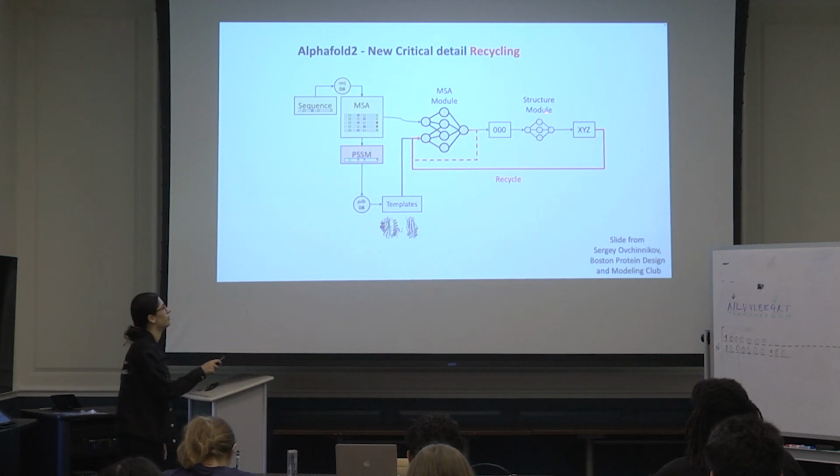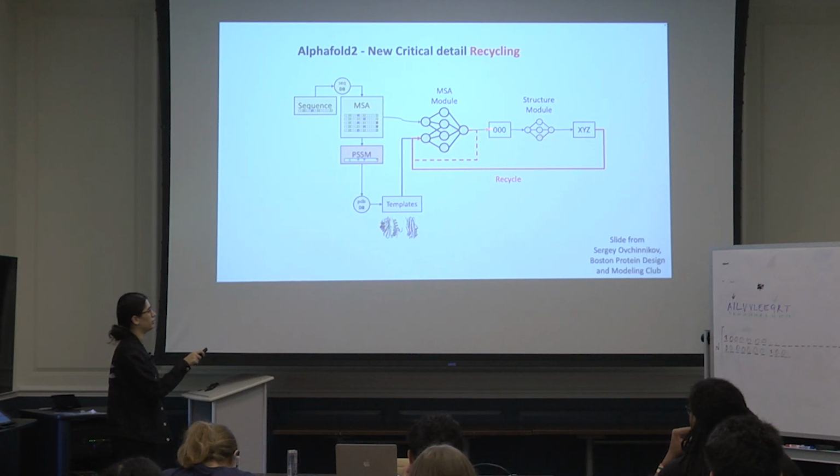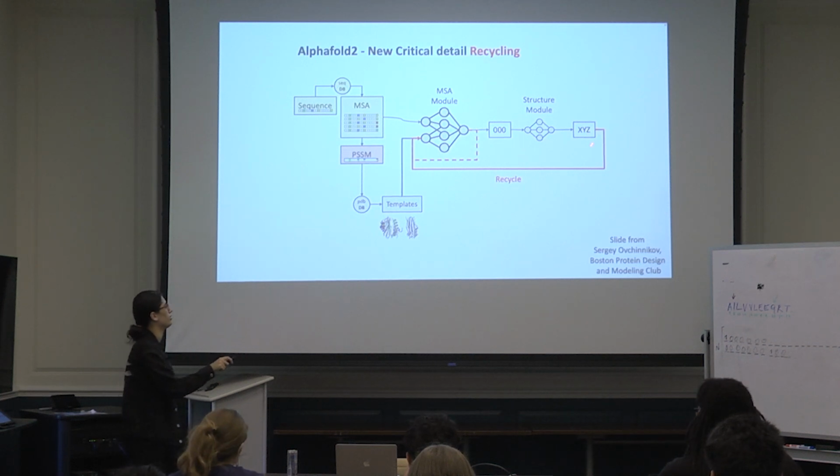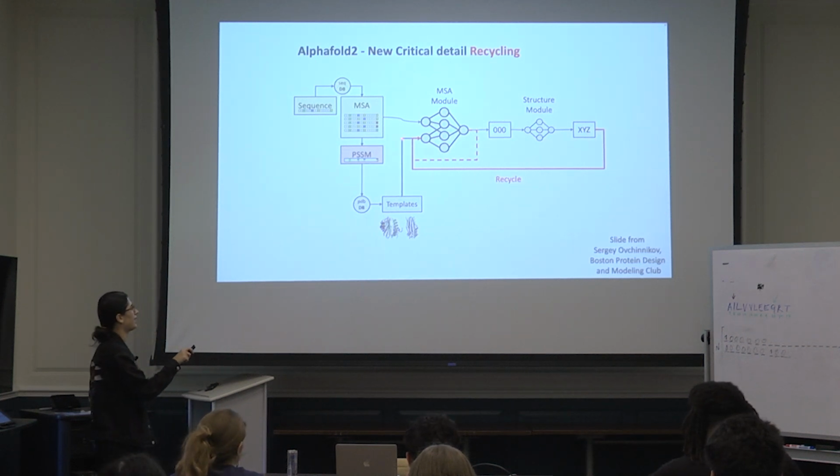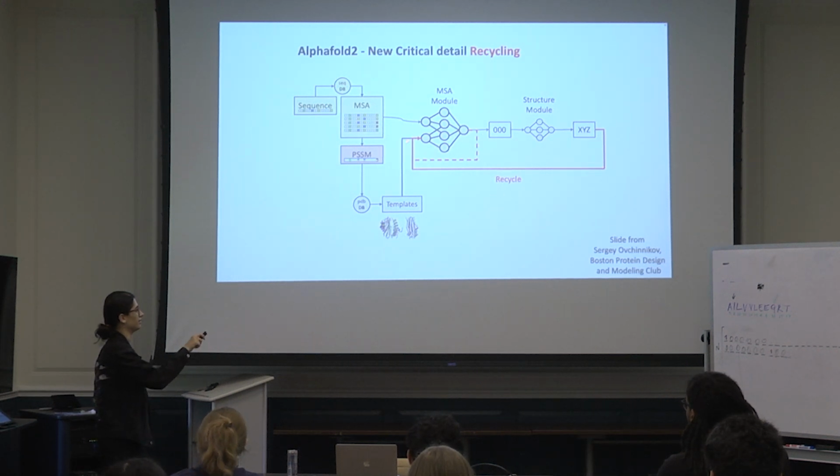But once we have our coordinates, or the first initial prediction, after one pass through the structure module we have some XYZ. What we can do is take this information and go back and recycle, so that, informed by our previous prediction, we can figure out the correct embeddings until we can make this as accurate as possible.